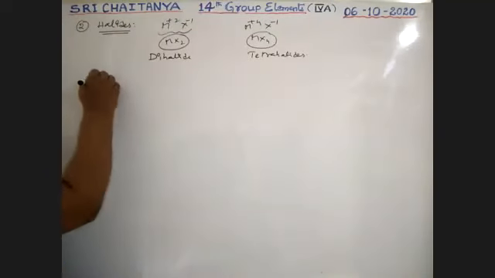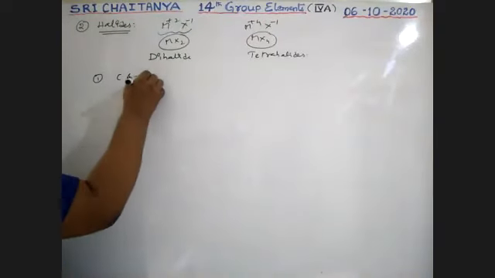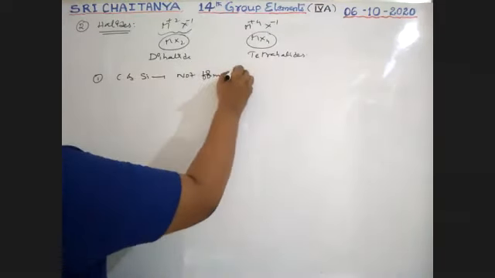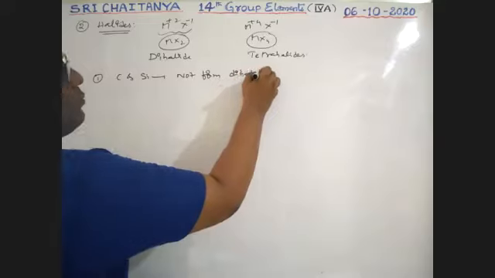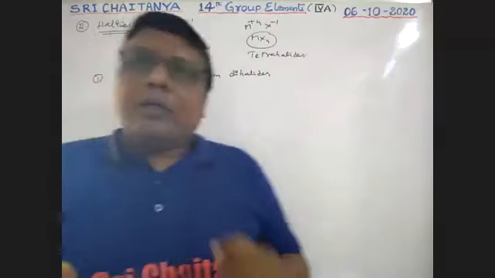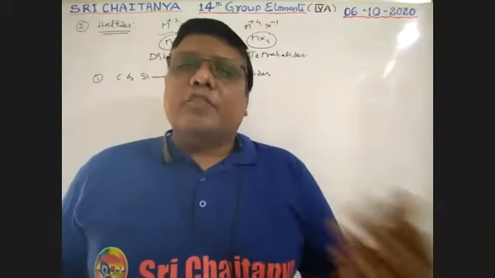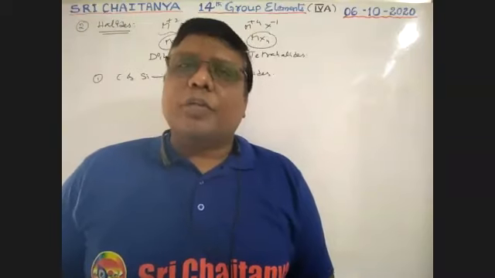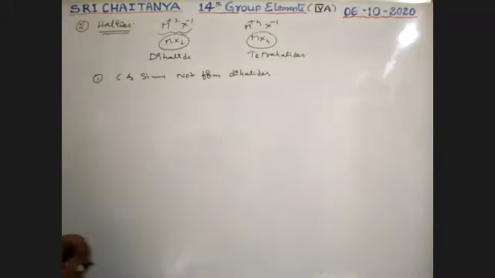So, first point, carbon and silicon do not form dihalides, because of small size and +4 being more stable than +2. Almost +2 does not exist.